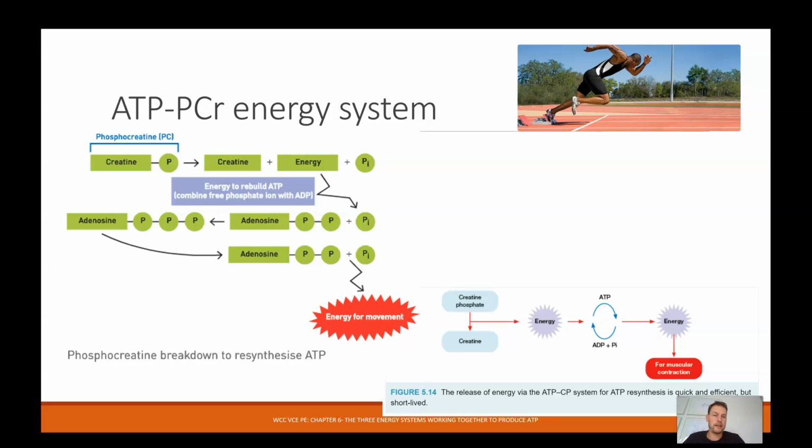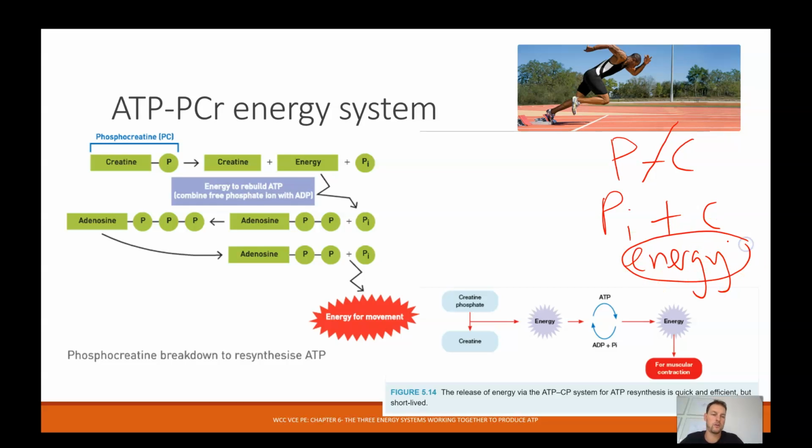To provide energy for this, we need to get the PC. To release energy from PC, we simply split that molecule. We're left with a Pi, a C, and also energy. What we use this energy for is to complete that cycle we were talking about last lesson with the ATP, making ADP and Pi, resynthesizing it back into ATP.